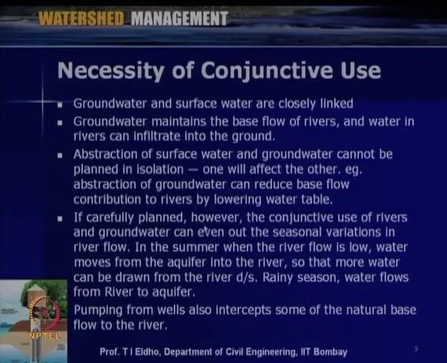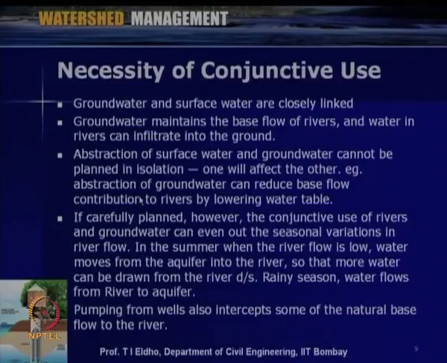If carefully planned, the conjunctive use of rivers and groundwater can even out the seasonal variations in river flow. Whenever more surface water is available, we can use it and also recharge the aquifer system. In the summer, when the river flow is low, water moves from the aquifer into the river, so that more water can be drawn from the rivers, especially on the downstream side.